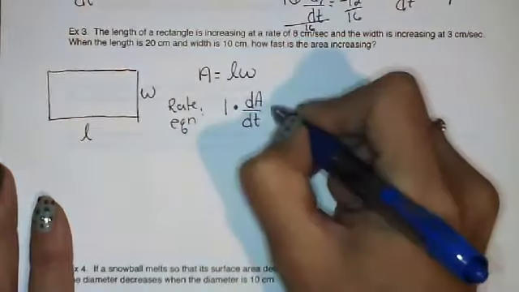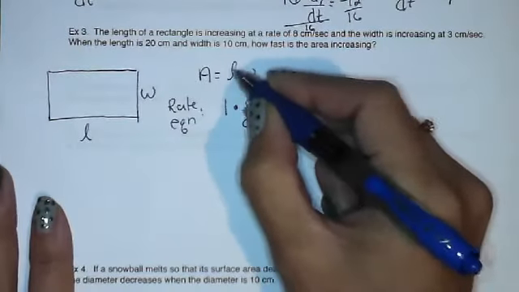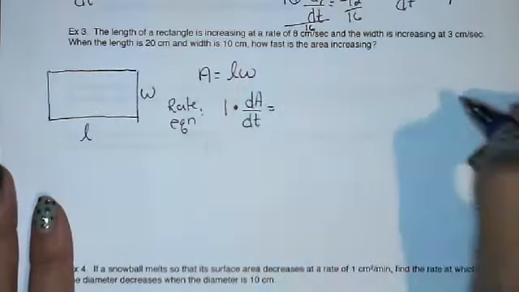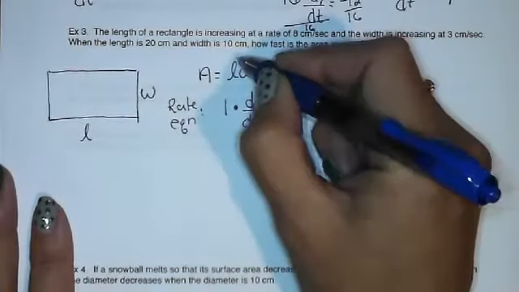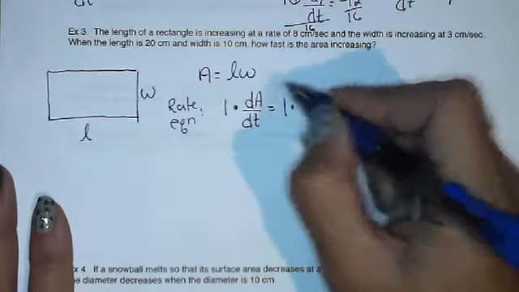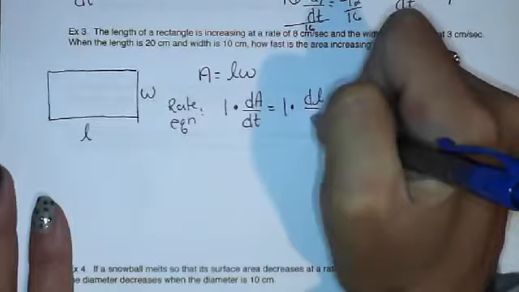So our rate equation, derivative of A is 1, times its rate with respect to time, dA dt. Over here, just like earlier, you have to do product rule, because each one's a variable, they're multiplied. You don't just do derivative times derivative, you have to follow product rule.